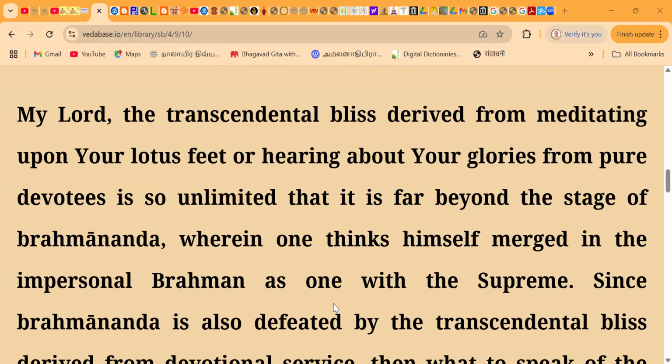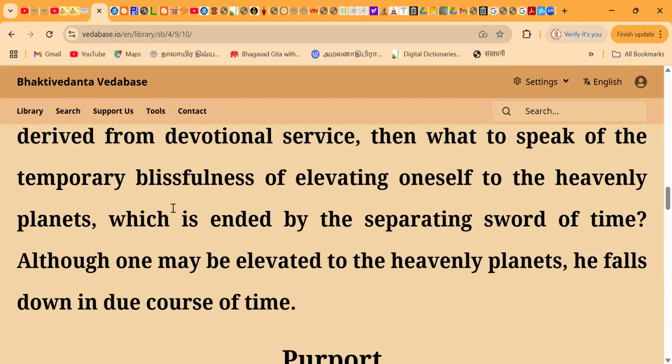Since Brahmananda is also defeated by the transcendental bliss derived from devotional service, then what to speak of the temporary blissfulness of elevating oneself to the heavenly planets, which is ended by the separating sword of time? Although one may be elevated to the heavenly planets, he falls down in due course of time.